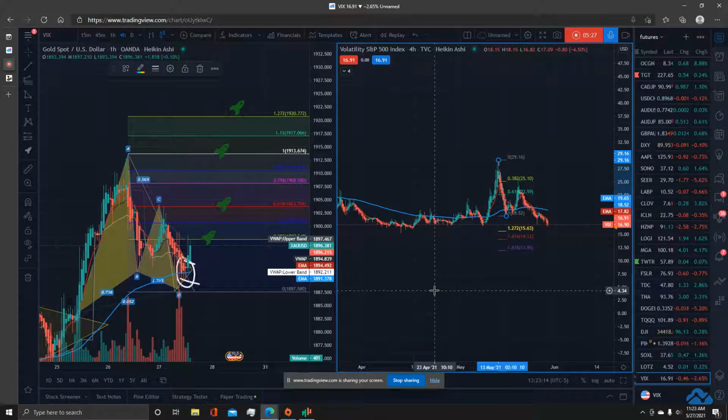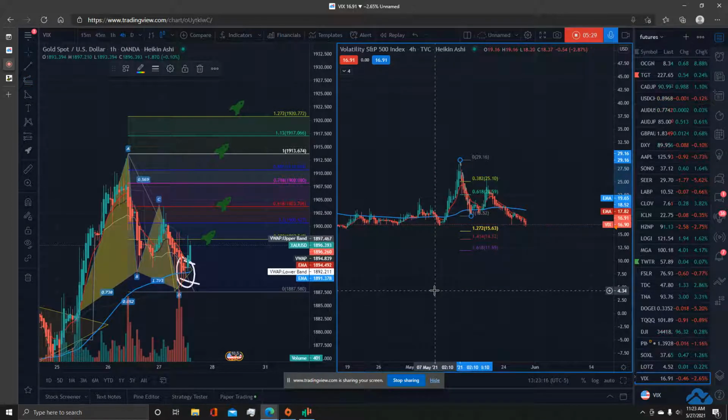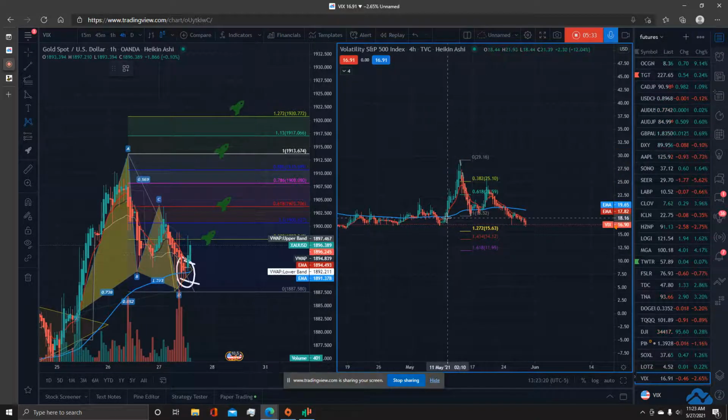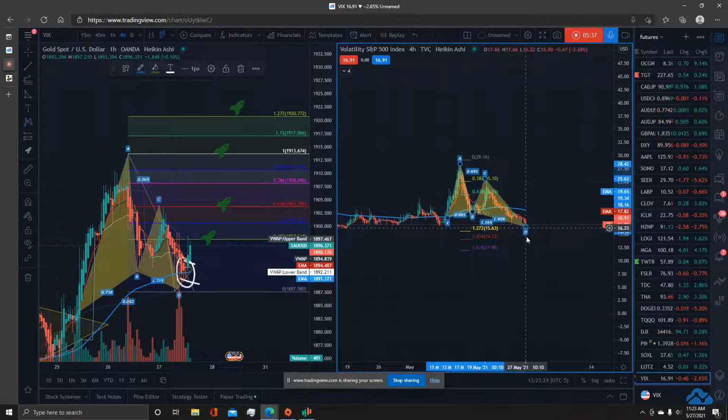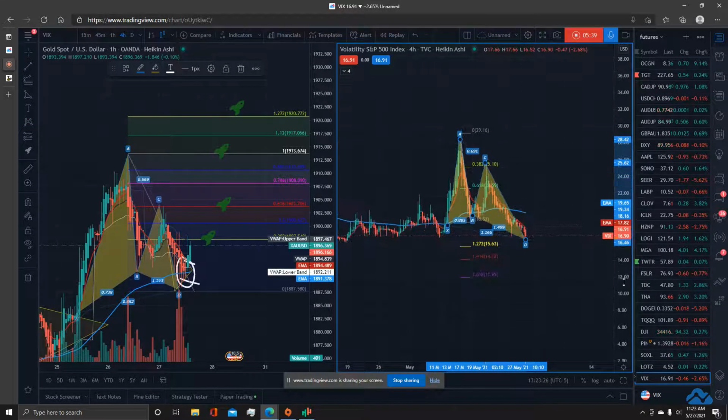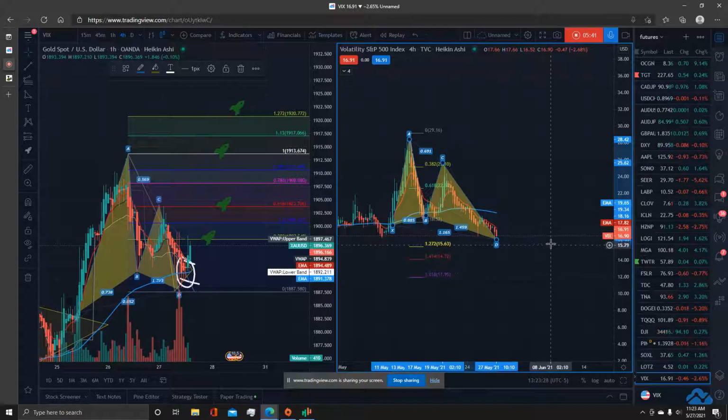Can you see it? These ones are hard to see. But man, if this thing goes off, it's going to be wicked.